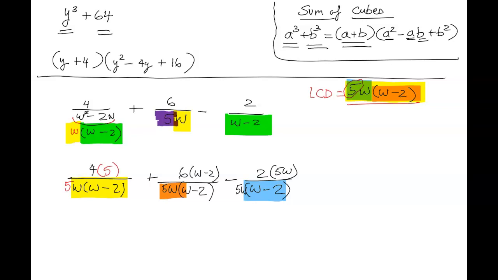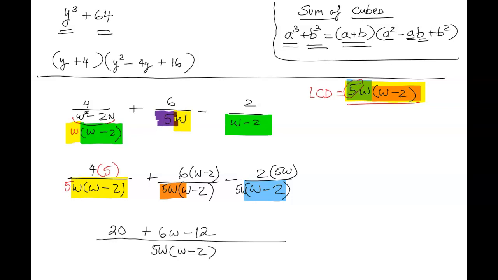All right, so now, because I have the least common denominator, I can put it as one common denominator, which is 5w times w minus 2, right? And then here, everything on top, I can add them up now. I have 4 times 5, 20, plus 6w minus 6 times 2, that's 6w minus 12, right?